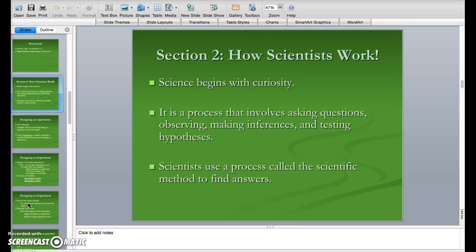So it's a process that involves asking questions, making observations, so collecting data using our senses, using that data to make inferences. So why does something particular happen in this scenario? And then going about and testing. So the whole testing idea is to collect data, whether it be qualitative data or quantitative data, and that data is going to tell us a story.